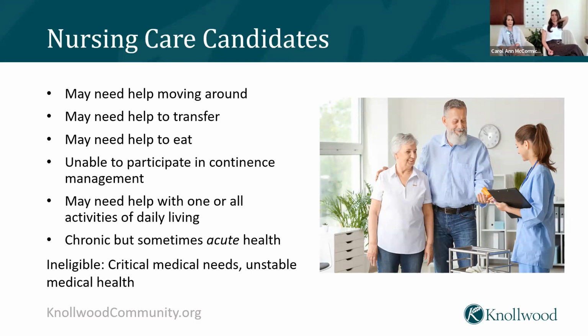Sometimes there could be psychiatric benefits to somebody being in a nursing center that has a lot of psychiatric expertise. Or what if somebody needs a ventilator? They might need a specialized place. Sometimes people have traumatic brain injuries and they might be better served in a specialized hospital or nursing center. So sometimes even somebody could be too sick, too ill, or too fragile for nursing care.